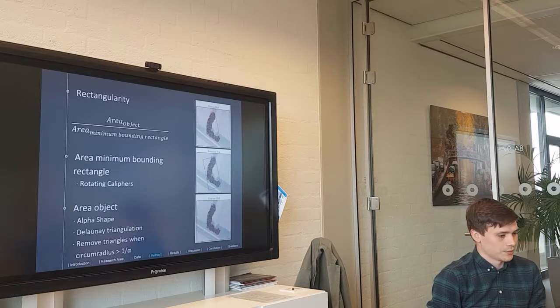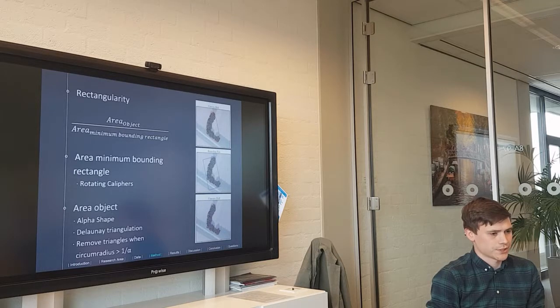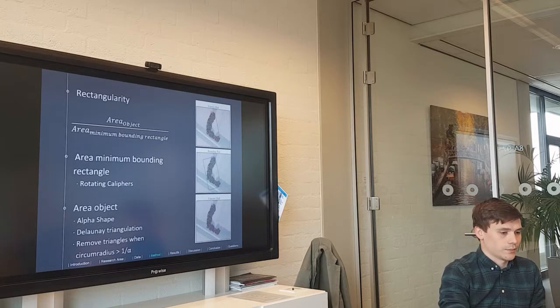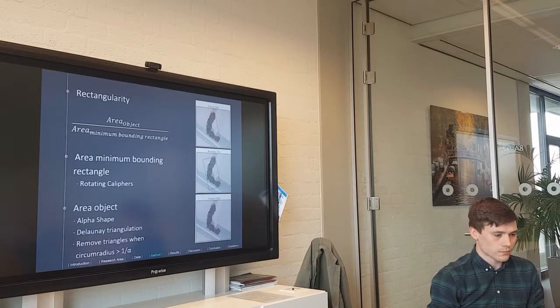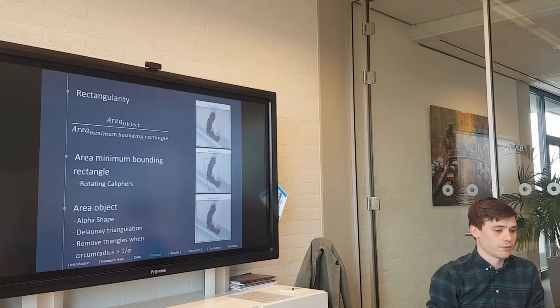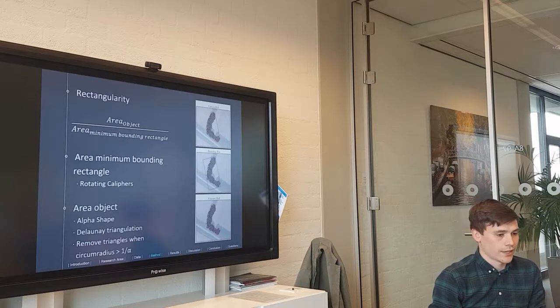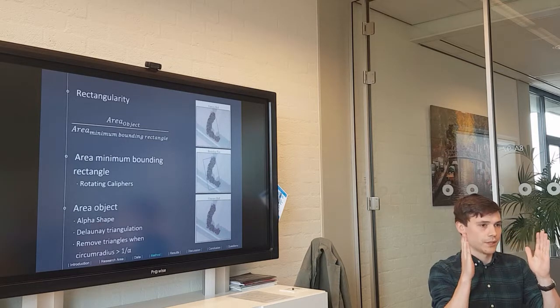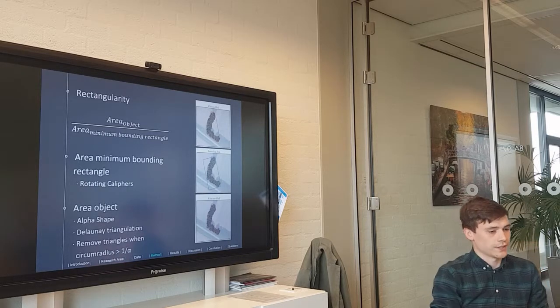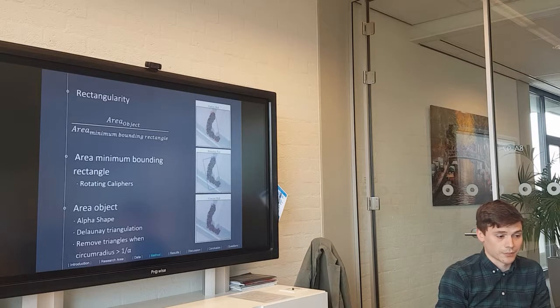The minimum bounding rectangle can be found with an algorithm called rotating calipers, which basically you rotate the system by the edges of the convex hull, and it is defined that the bounding box has an edge that is equal to one of the edges of the convex hull. So if you rotate by the edges of the convex hull and look at the min and max x and y in this system, then at some point you find the minimum, and that will be the minimum bounding box.